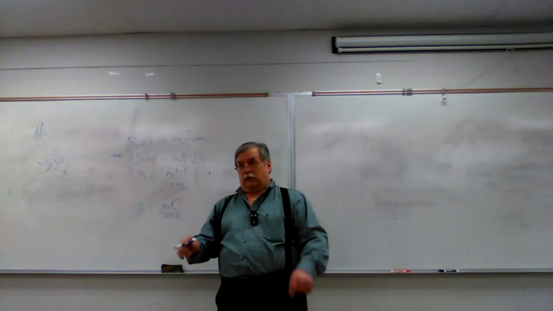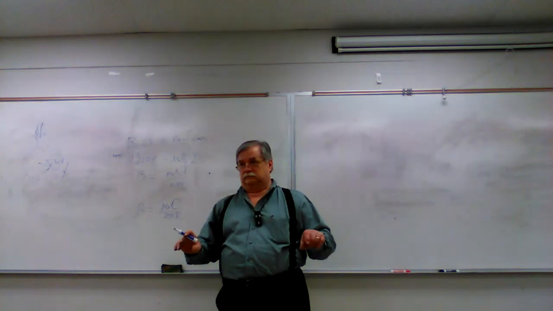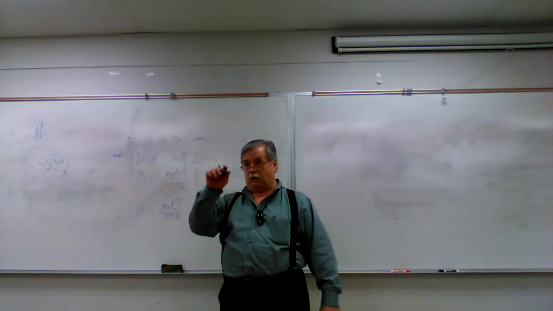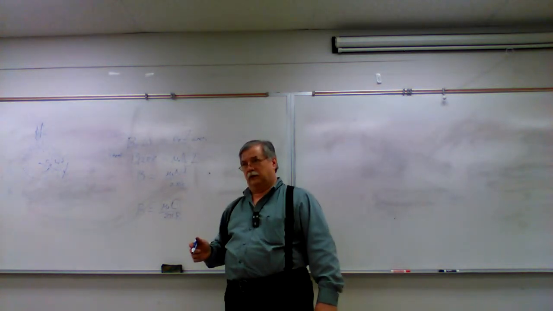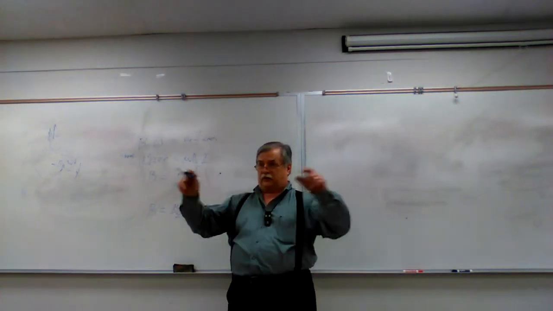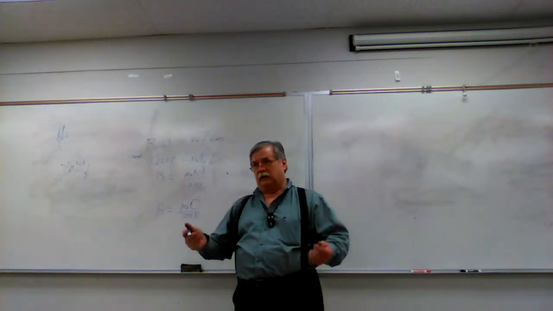If it were a straight solenoid, it would be. It would not matter at what distance inside you did your summation, you would get the same result. But you would also have the fringing field outside.